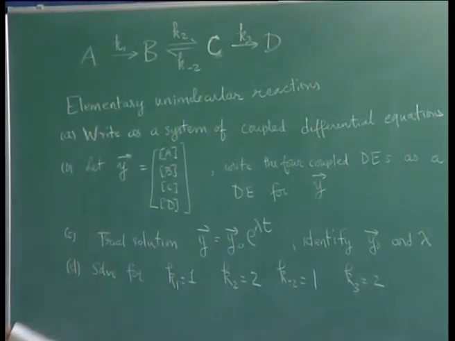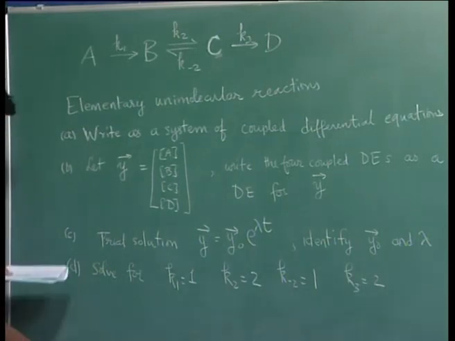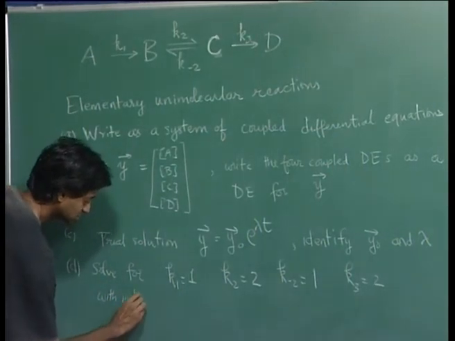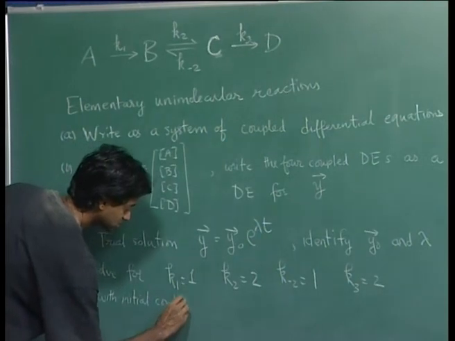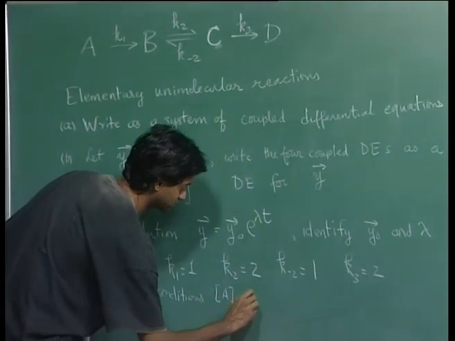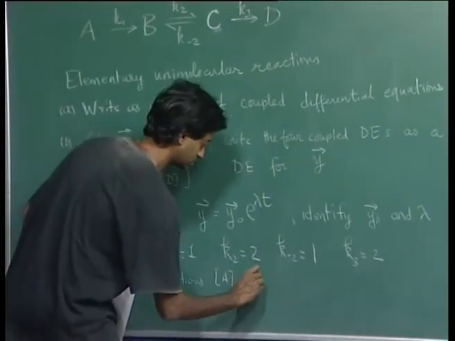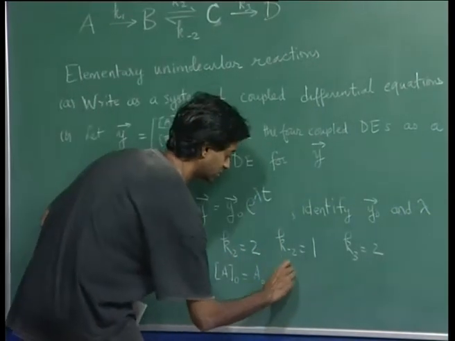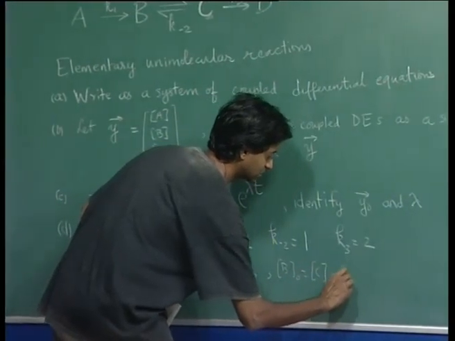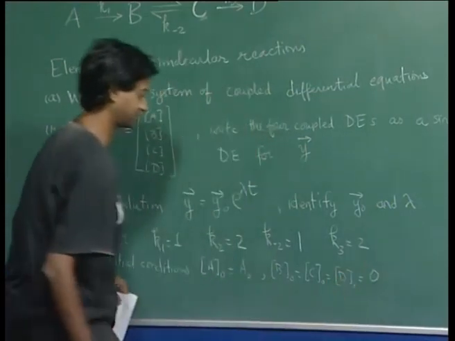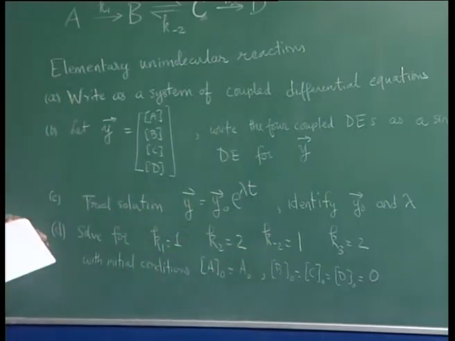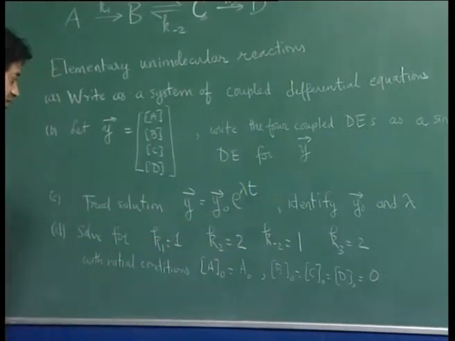So you solve this problem for these values of k with initial conditions: concentration of A at 0 equal to A0, concentration of B at 0 equal to concentration of C at time 0 equal to concentration of D at time 0 equal to 0. So, initially the value of A is A0, the values of B, C and D are all 0. Okay, so you solve using these values of k.